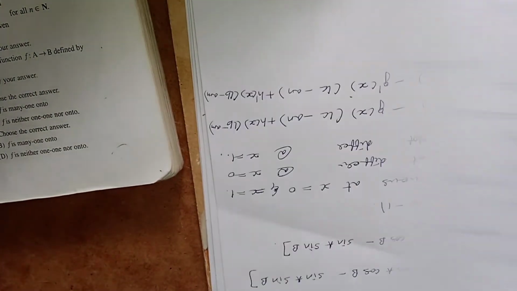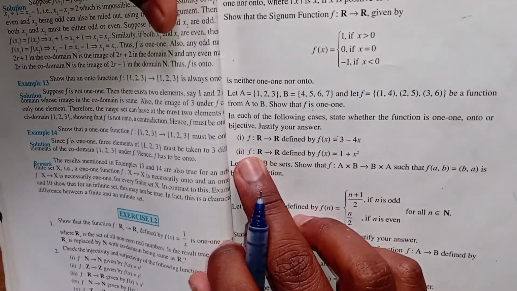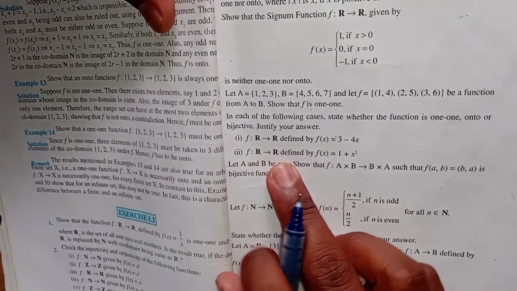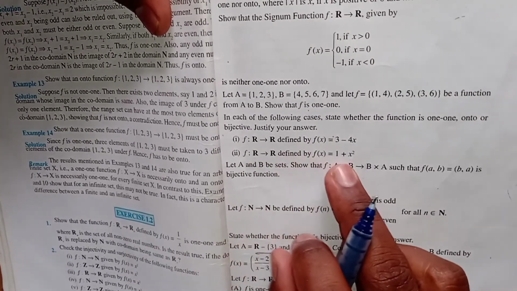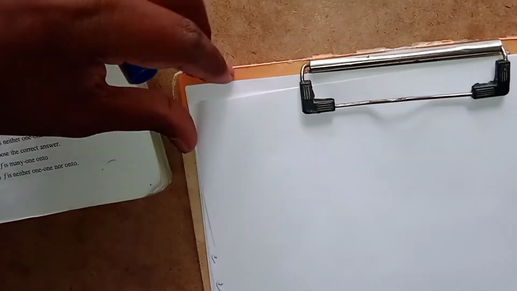Next, subdivision 2. In subdivision 2, function from real numbers to real numbers defined by f of x equal to 1 plus x squared.